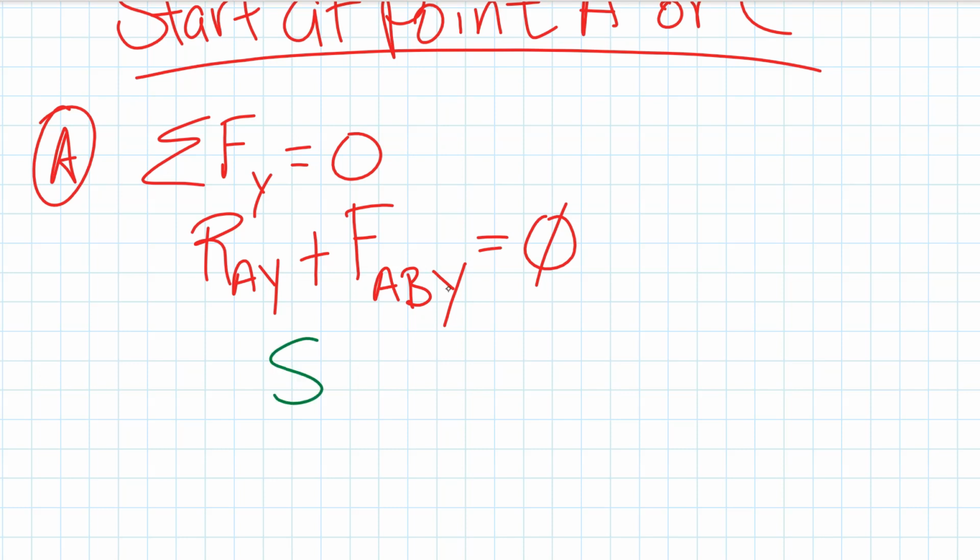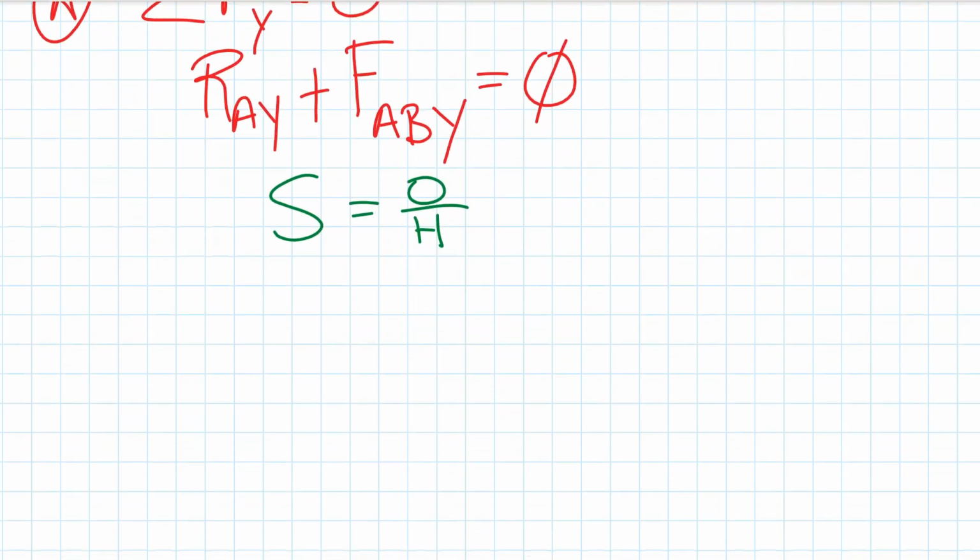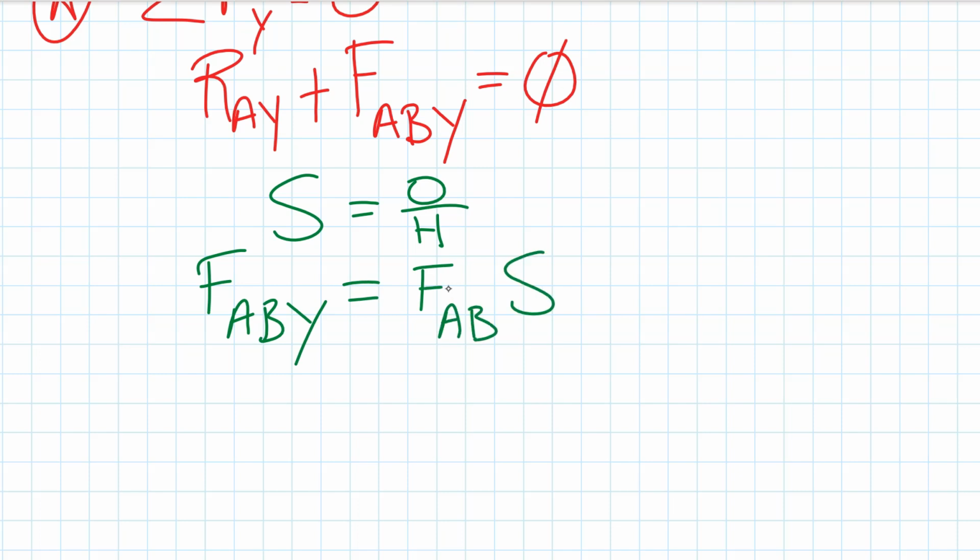Remember, sine is equal to opposite over hypotenuse. Using this, we can find that the force ABY is equal to the force on member AB times sine of the angle. So we're going to replace force ABY with force of AB times sine theta.